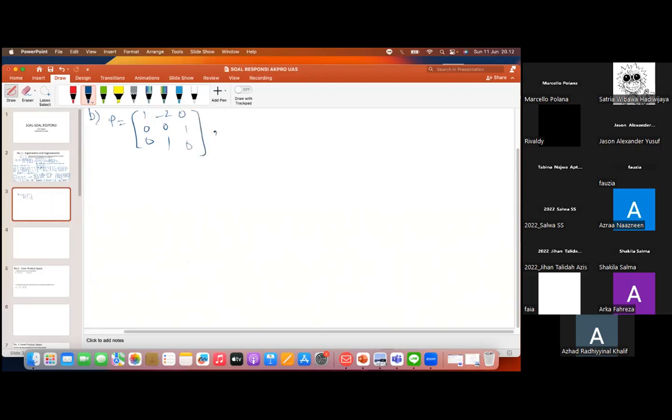The next thing we have to do is find the inverse of P, and we can do it like this, with P on this side and the identity matrix on the other side. The easiest thing we can do now is to switch the second and third rows.